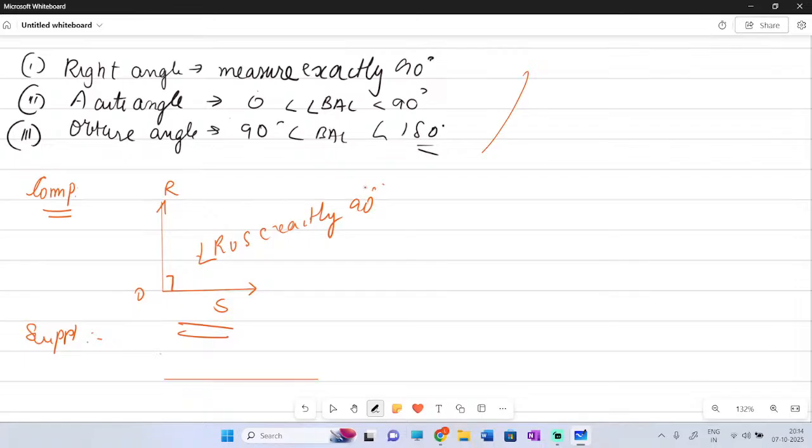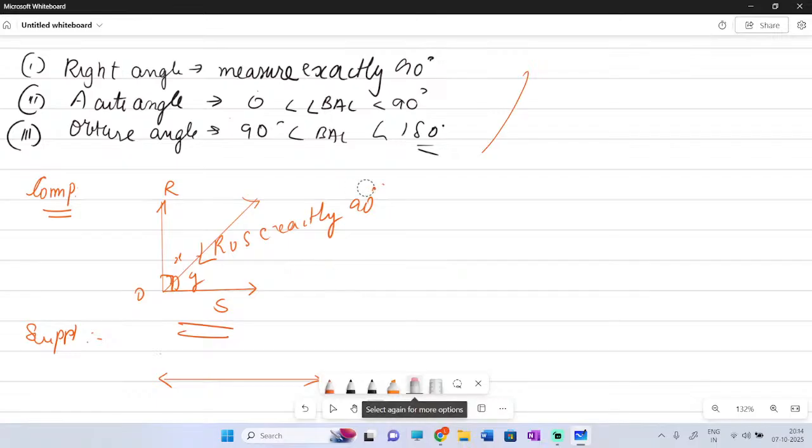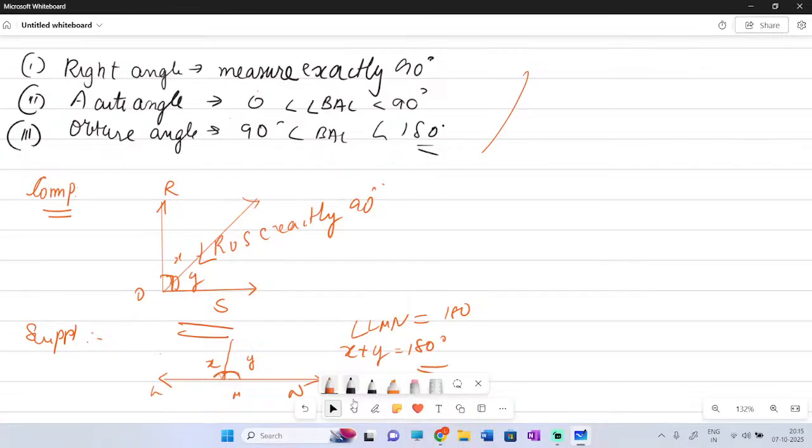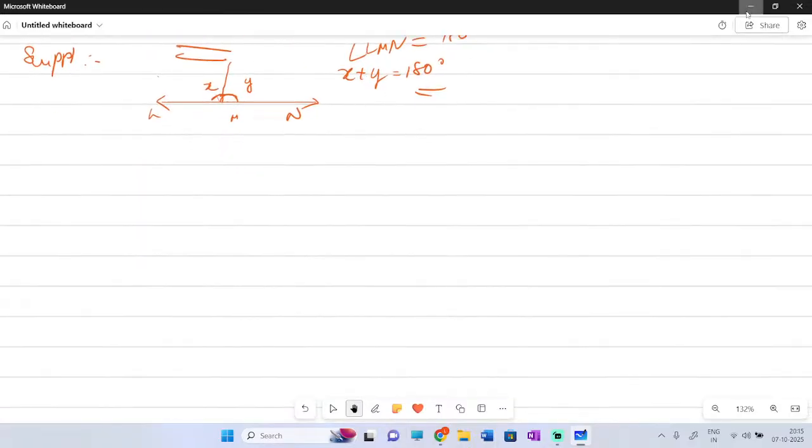When drawing a complementary angle, you can draw a separate part for it if you want, because this bisects it, and if x plus y equals 90. But this angle is 180, and this is LMN. Angle LMN is equal to 180 when it is bisected like this. This part plus this part, x plus y, should be equal to 180 degrees. Okay, then one second.